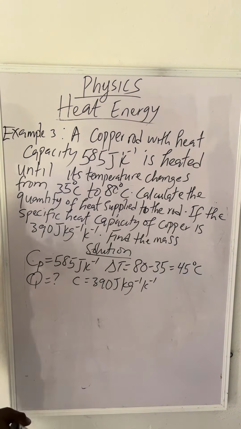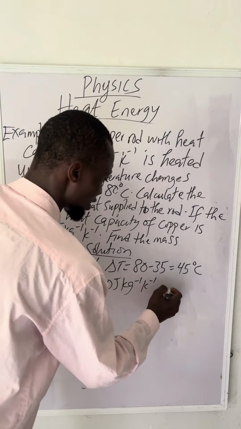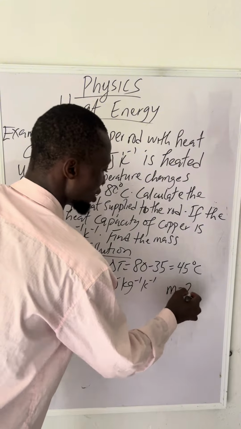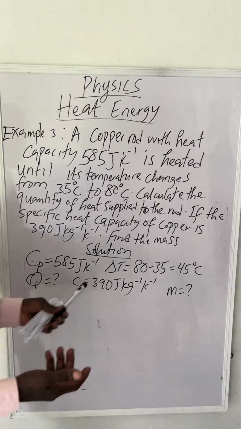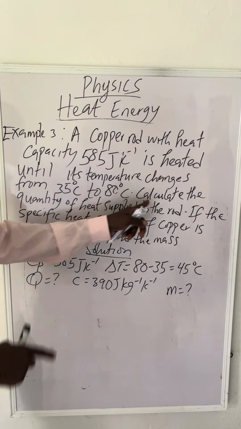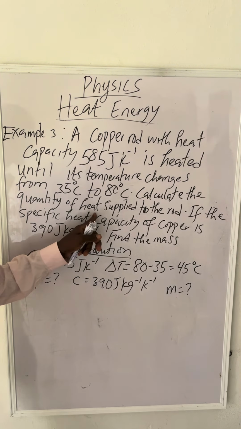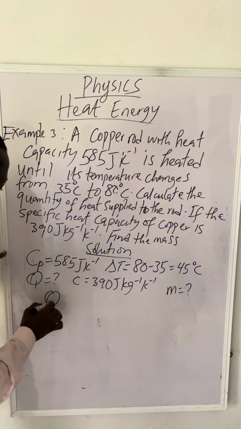Now find the mass. So M, the mass. I wasn't given the mass. They asked us to find the mass. So what do we apply first? They asked us to calculate Q first. That was the first thing. Calculate the quantity of heat supplied.